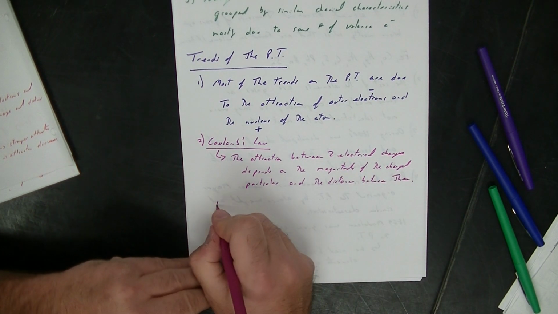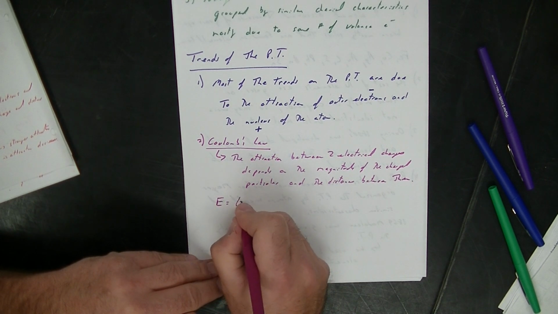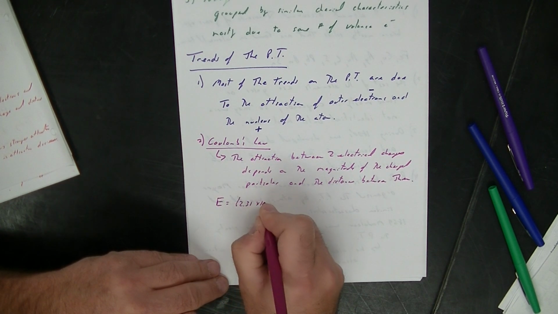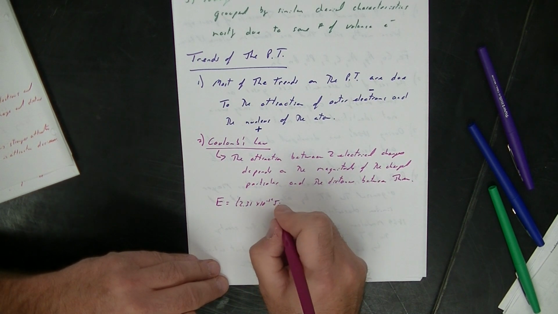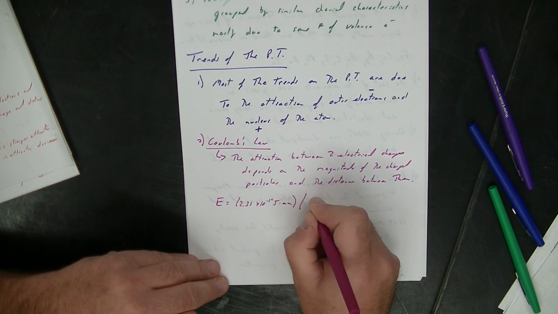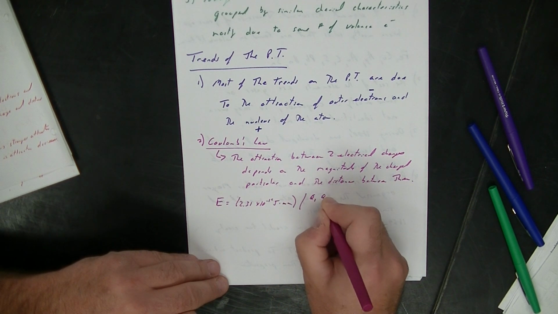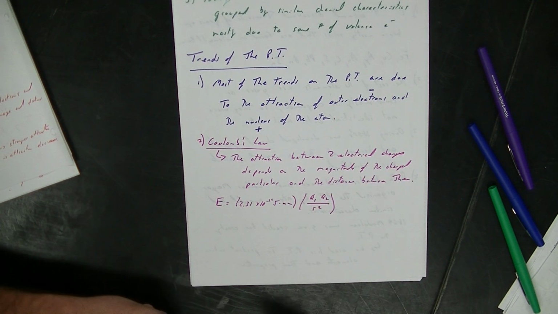And he came up with this. E equals 2.31 times 10 to the negative 19th joules per [meter] times Q1 Q2 over R squared.